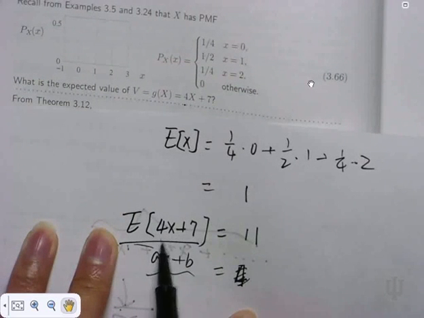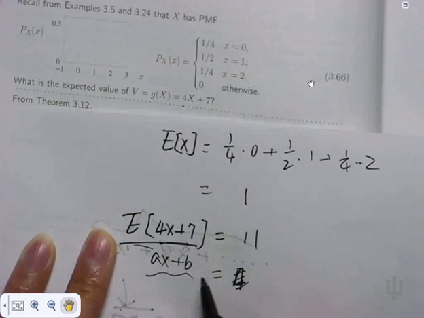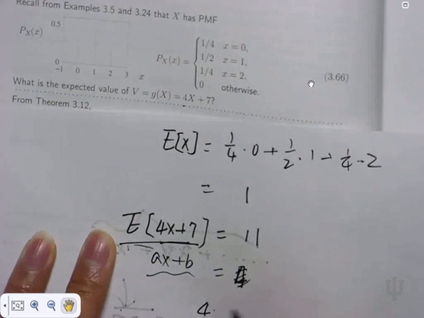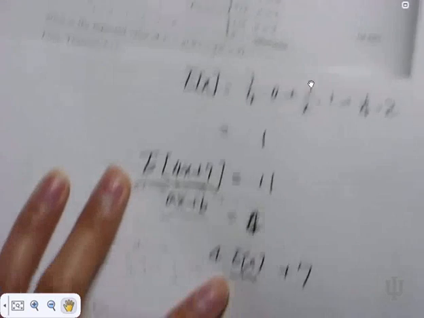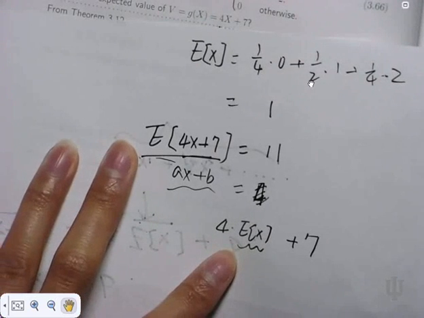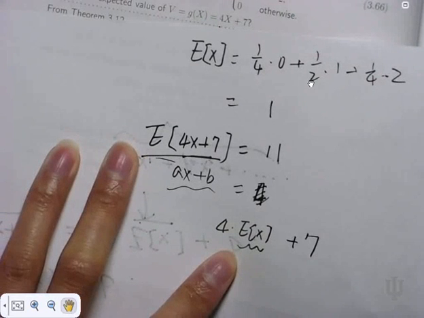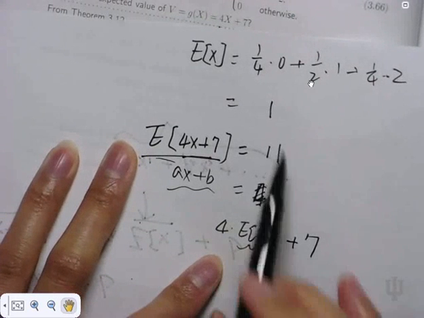Expectation of a linear function of x is the exactly same linear function of the expected value, right? So this is 1, then this is 11.